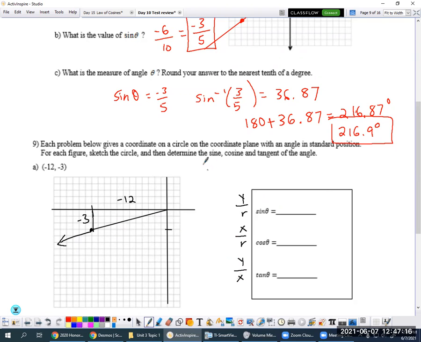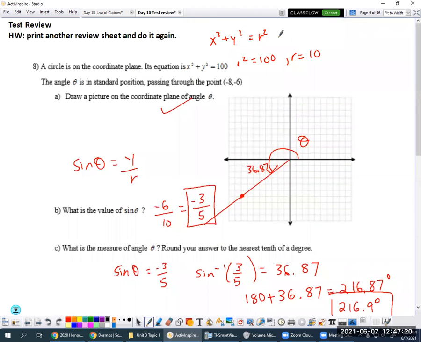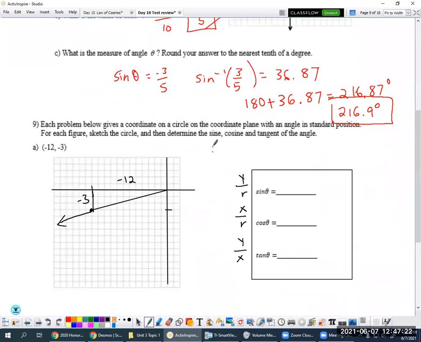So here we go. Pythagorean theorem time, just like from this equation up here. X squared plus y squared equals r squared. So ooh, that's a bad looking r. So I've got 144 plus 9 equals r squared. So I get r squared is 153.